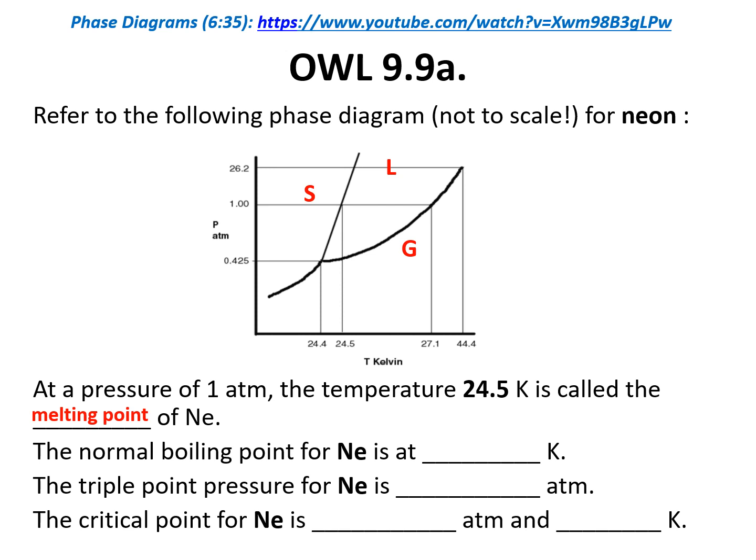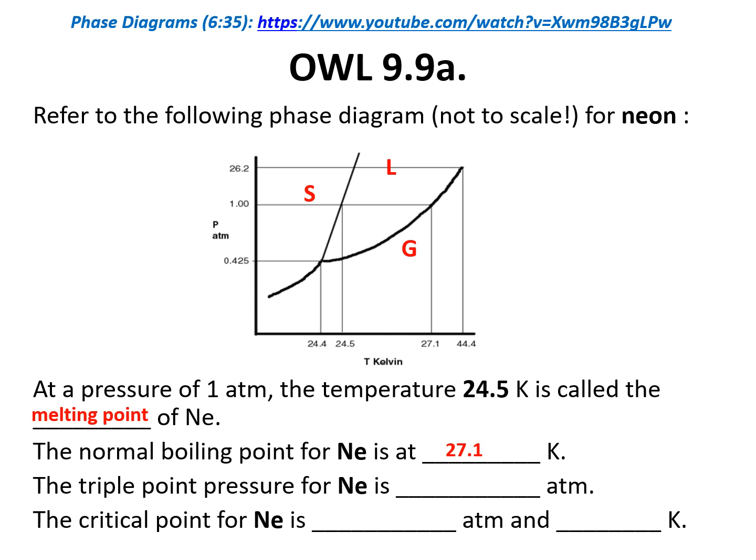Okay, what is the normal boiling point? Remember that term, normal boiling point. Normal boiling point is the boiling point at 1 atmosphere. And on a phase diagram, the boiling point occurs when you are between liquid and gas. So for neon, that's going to fall at 27.1 Kelvin.